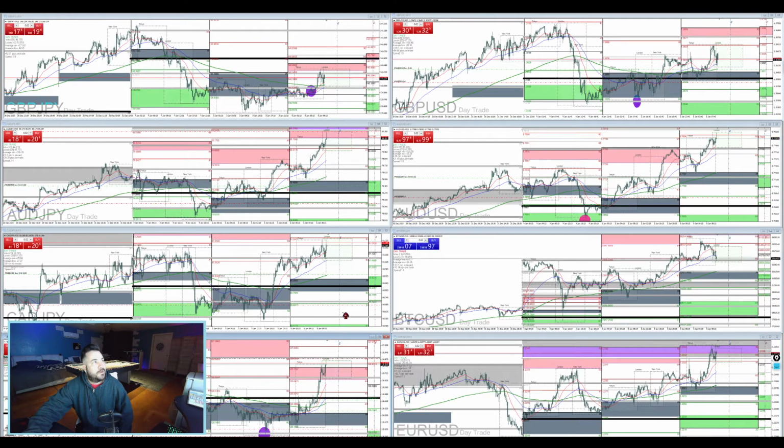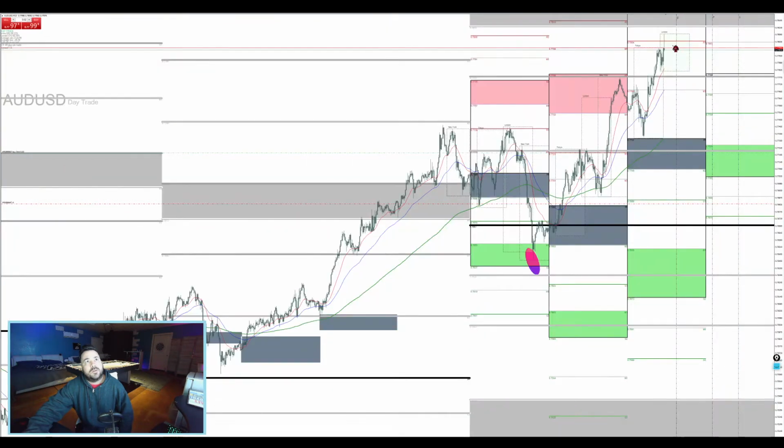I'm seeing some stalling out here where we came all the way up and near the weekly take profit. I'm still going to keep this trade setup on. We haven't hit the weekly take profit yet, so we may still have a trade setup for tomorrow.